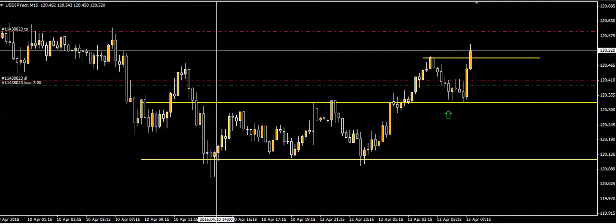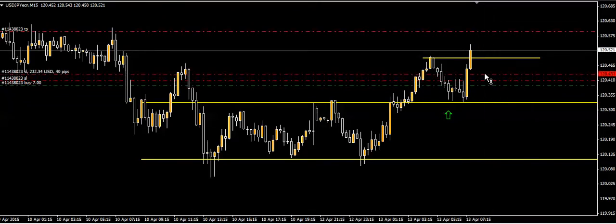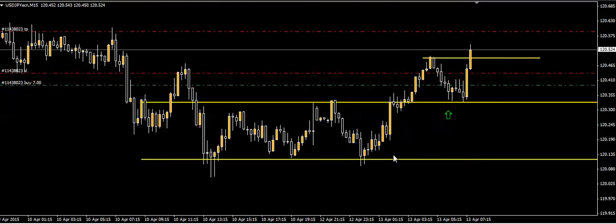So let's move my stop loss up a little bit, protect some more profit. I don't expect the price to get beyond this price if it actually does retrace before getting to my take profit level. I'm up $700. We'll see what happens.